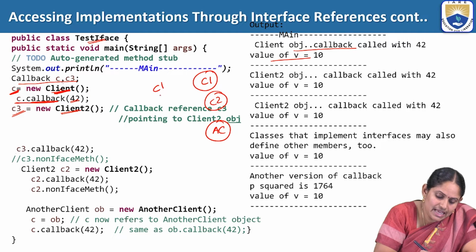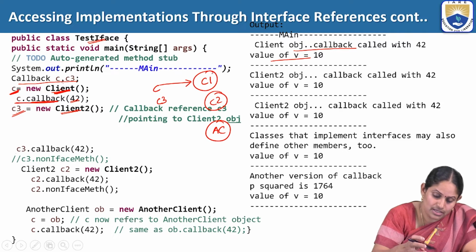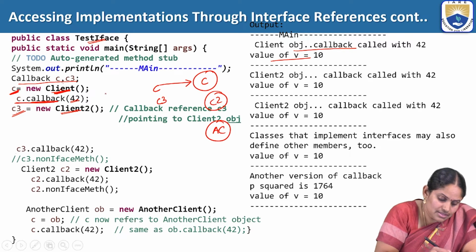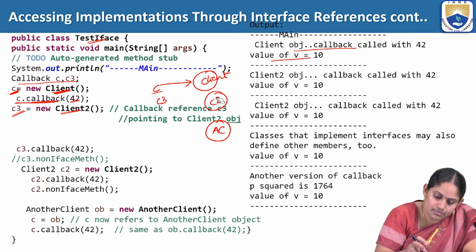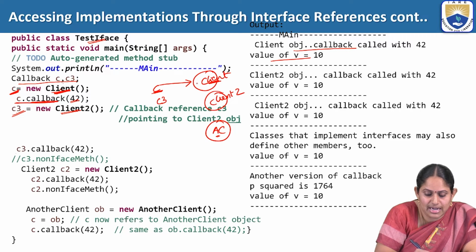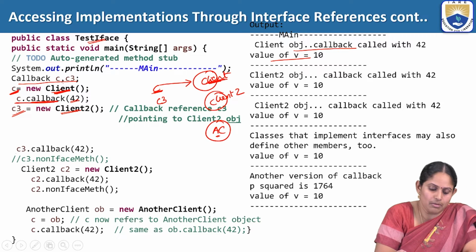We have C, C2 and C3. Initially C was made to point to the client. So when you call C dot callback, this will invoke the client class callback method.